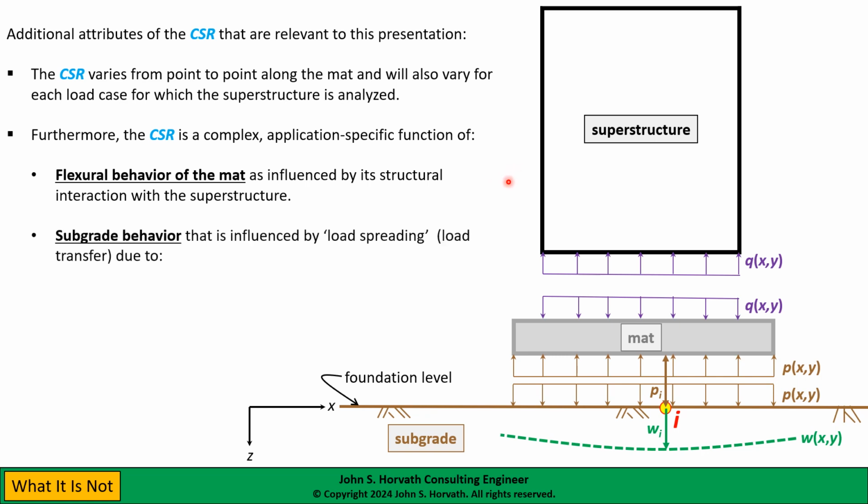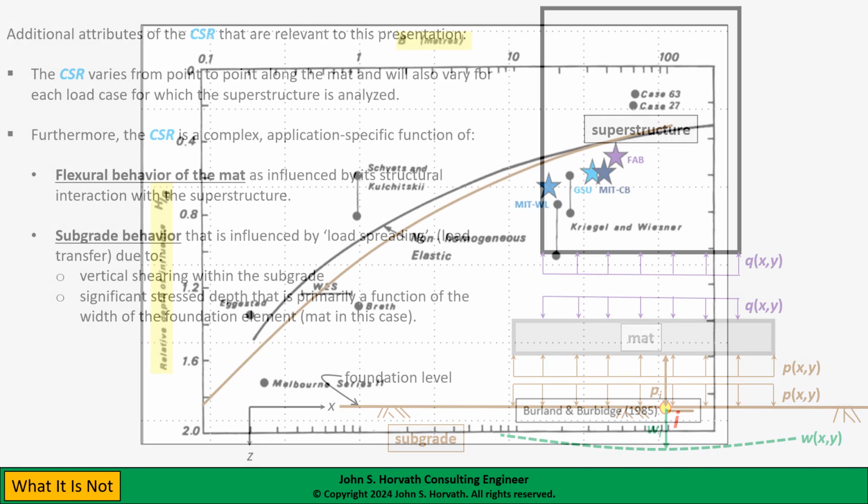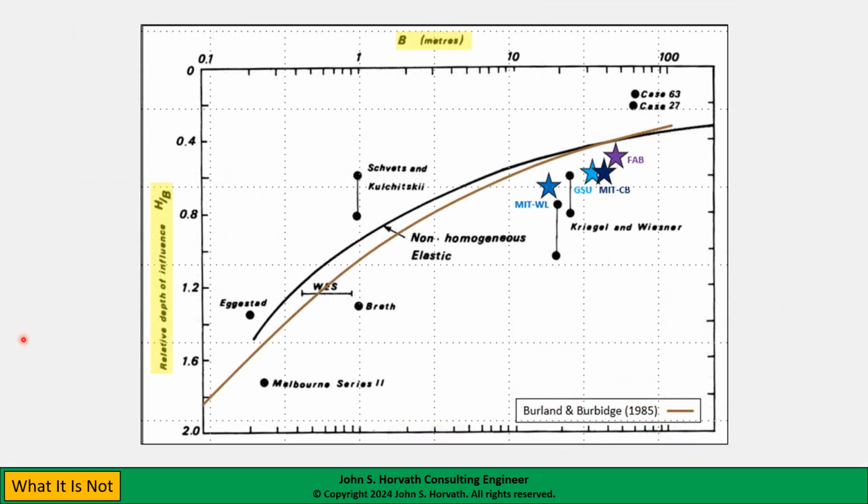And the subgrade behavior is influenced largely by what we call load spreading or load transfer, and that is due to vertical shearing within the subgrade, as well as a significant stress depth that is primarily a function of the width of the foundation element, the mat in this case. I want to digress for a minute and elaborate on that last point of significant stress depth.